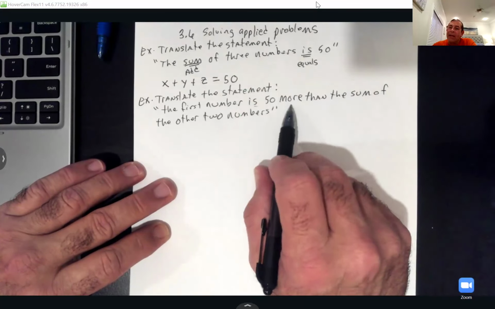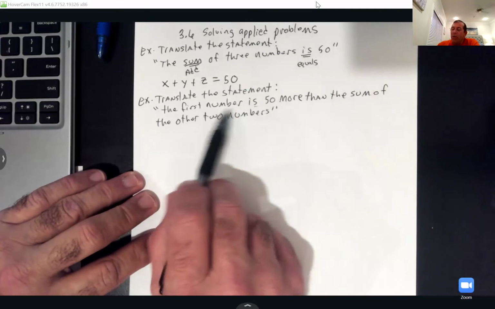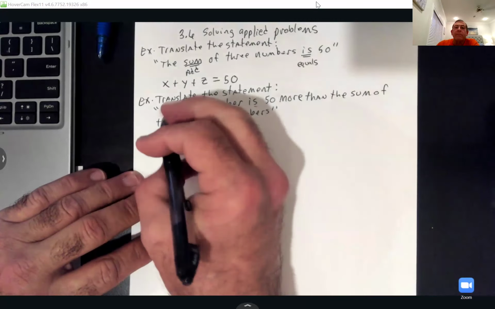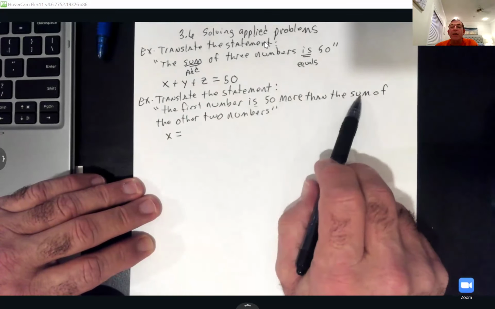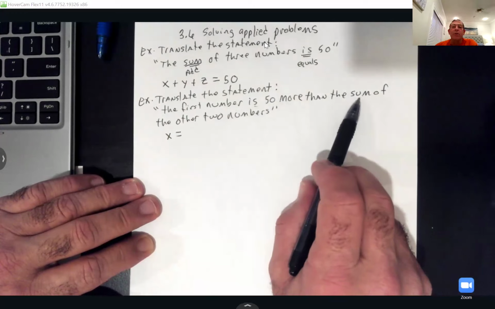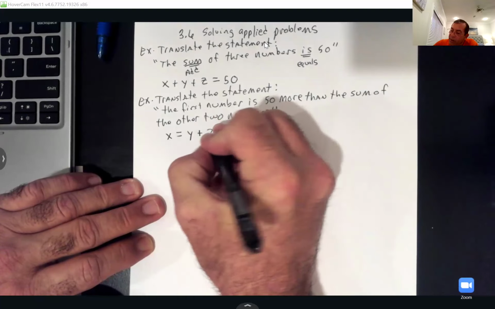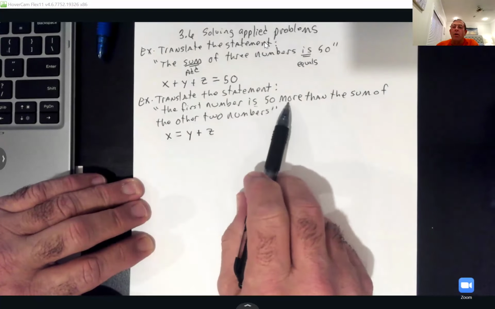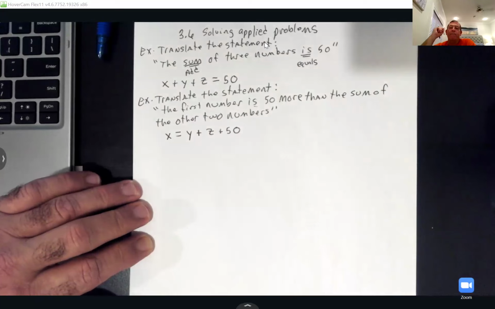More means you're adding, and sum means addition. So I don't know this first number. I'm going to call that X. So X equals, and then it's 50 more than the sum of the other two numbers. So the other two numbers are being added. So that'll be Y plus Z. And y'all, then we got 50 more, which means that's going to be another addition of 50.